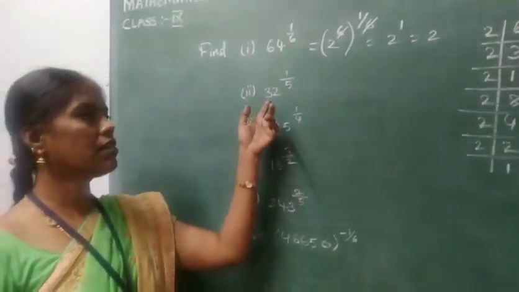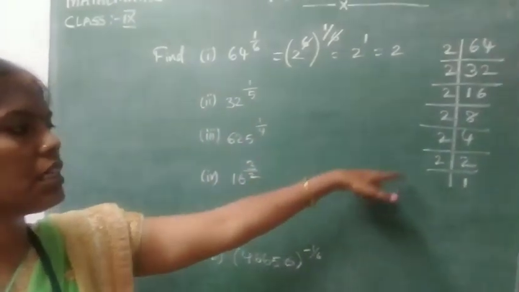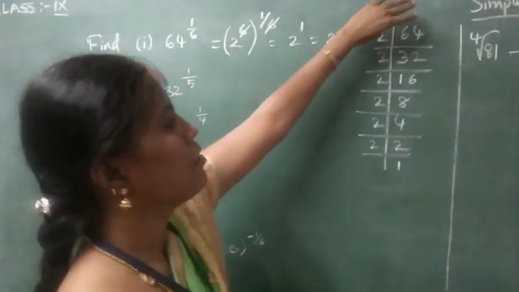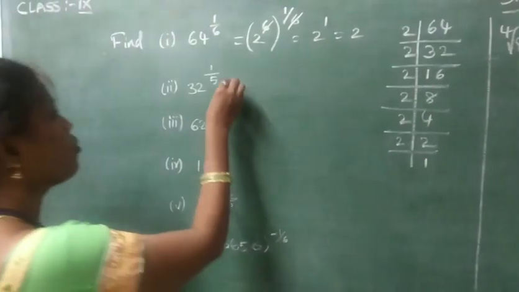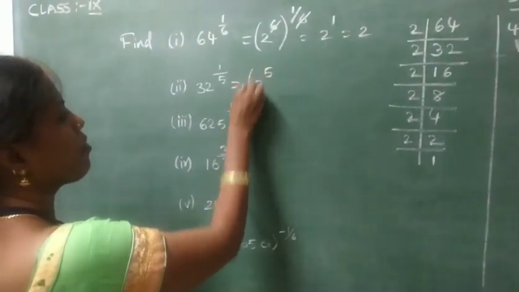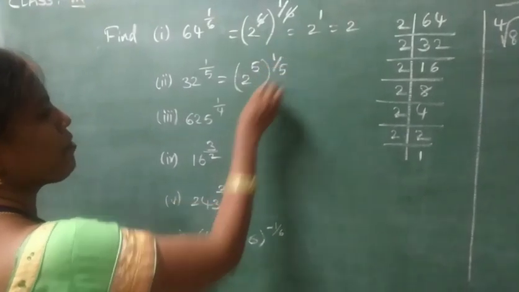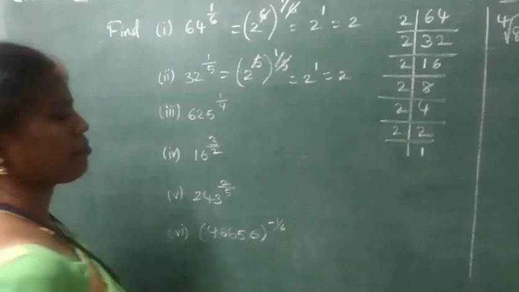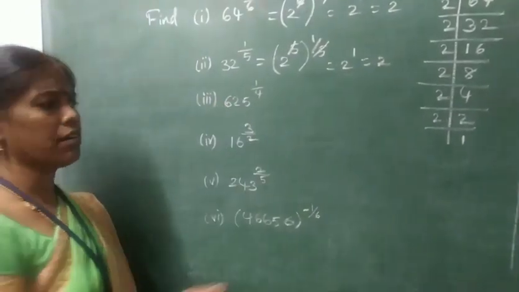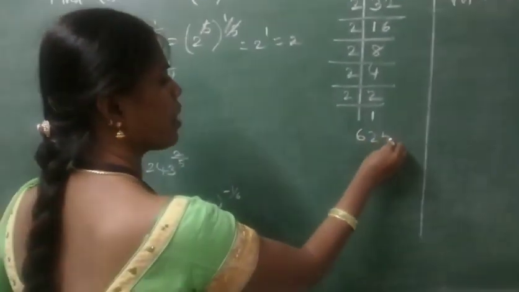In that manner, 32. What is 32? If you observe, we get 1, 2, 3, 4, 5, so (2⁵)^(1/5). The 5 cancels, 2 to the power 1, that is 2. Now 625, how to find it?